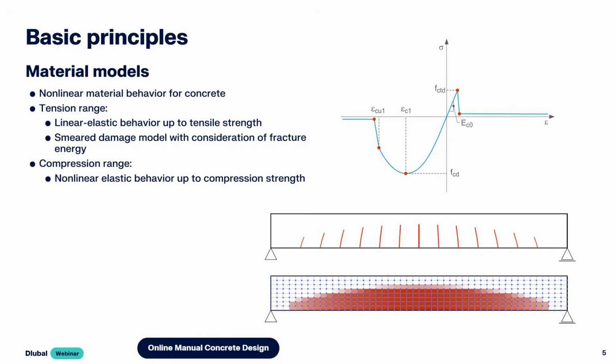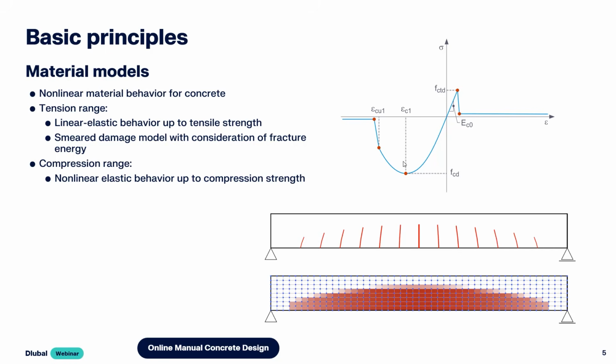In addition, for compression, nonlinear elastic behavior is implemented up to the point where the compression strength is reached. Under loading, we follow this nonlinear curve. Upon unloading, we return to the origin. And again, upon reloading, we follow the same curve again.